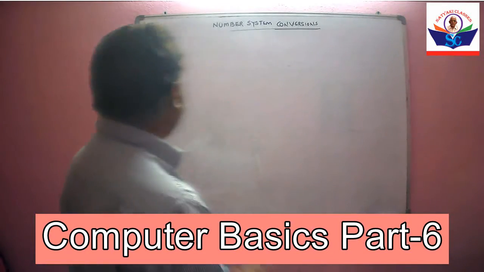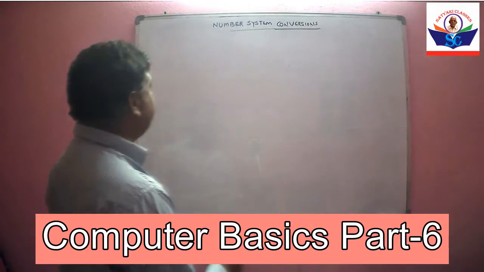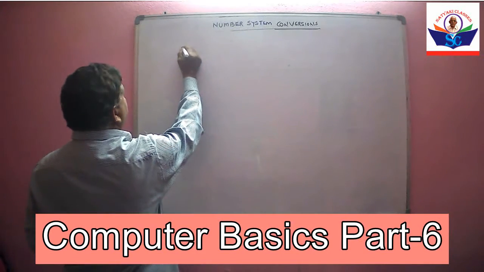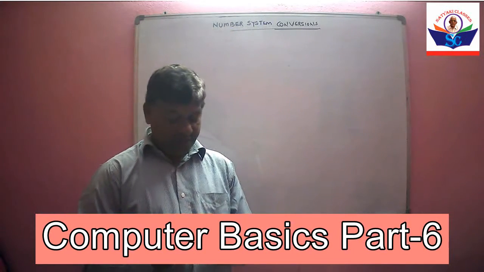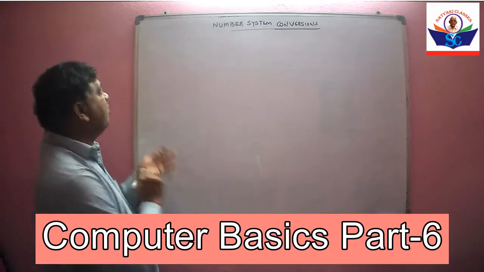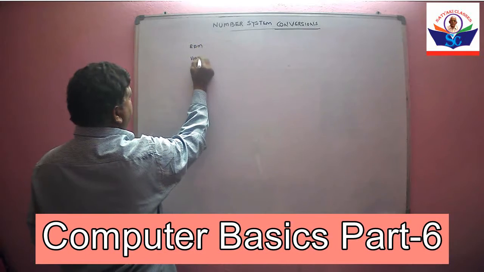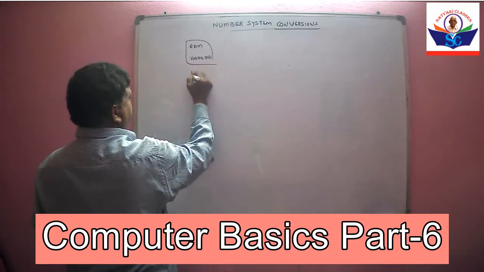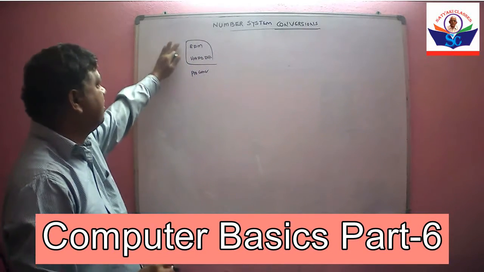Why do we need this number system and this conversion? If we want to purchase a laptop, what components do we look at? We look for the processor, RAM and hard disk.